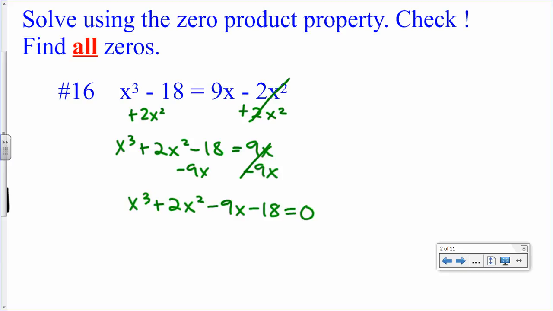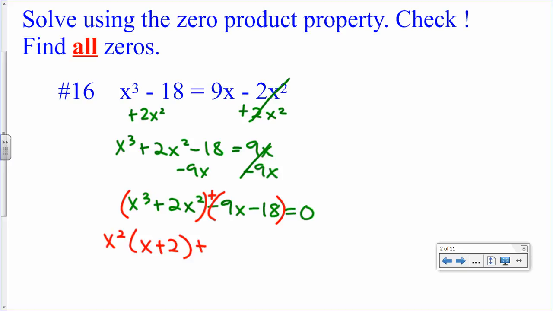All right, zero product property means I want to factor. So how do I factor 4 terms? Okay, by grouping. What do I factor out of the first group? X squared.